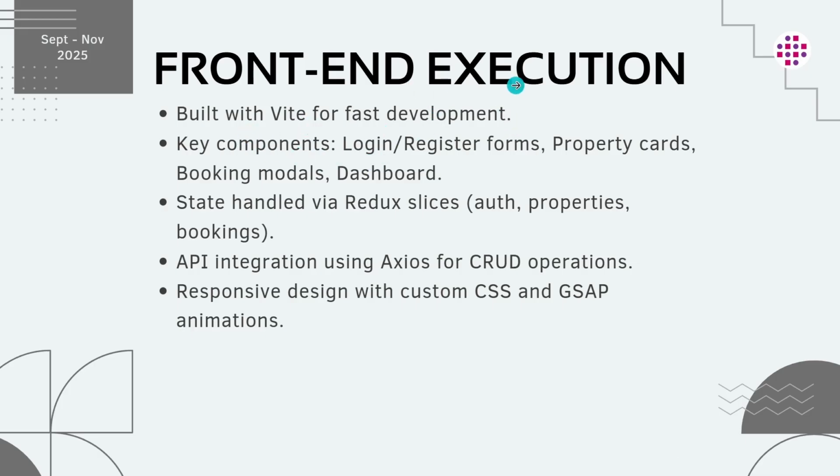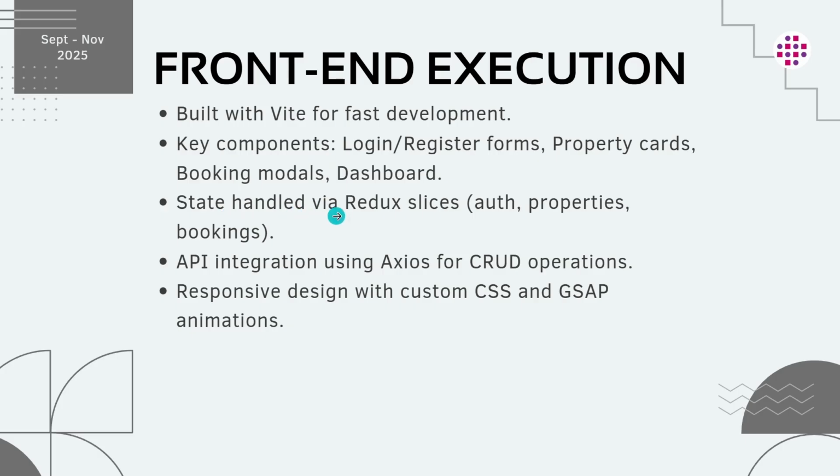The key components of this front-end execution part were login and registration forms, property cards, the home section, and booking models. Booking models means a separate page for each property, basically, and a dashboard which shows your user account and your billing history.